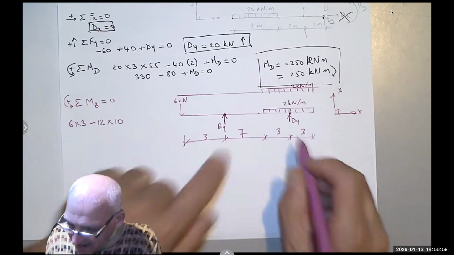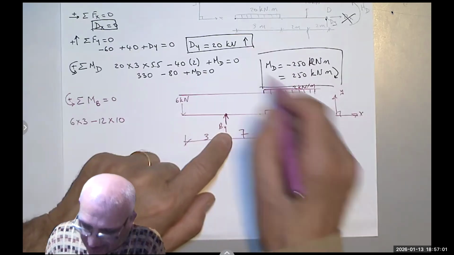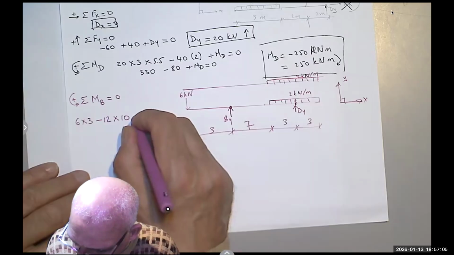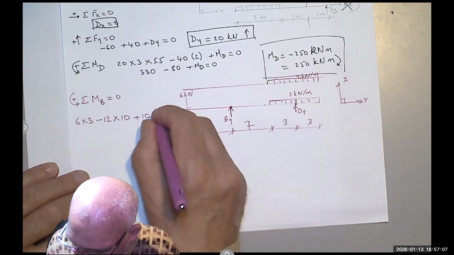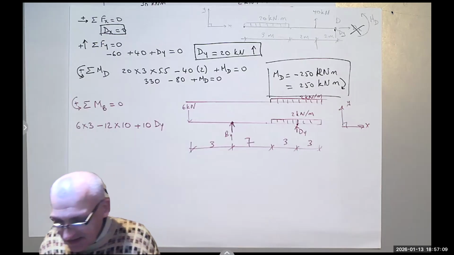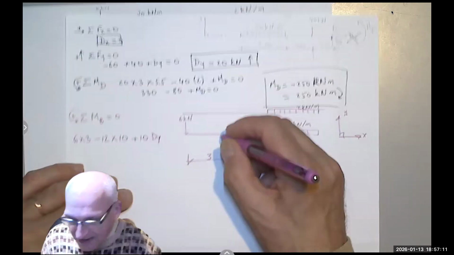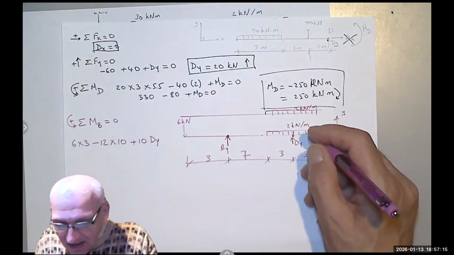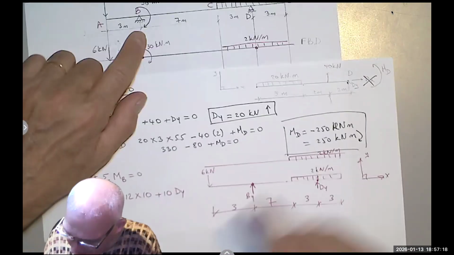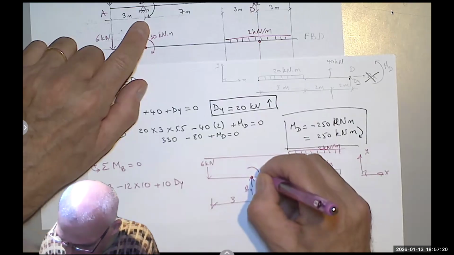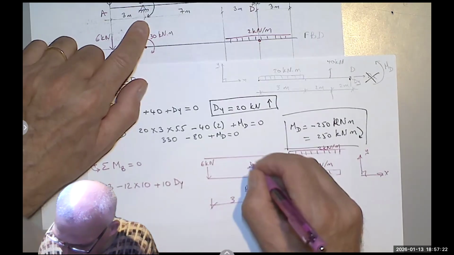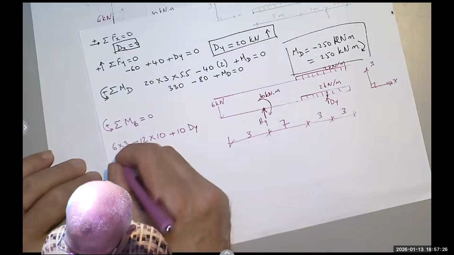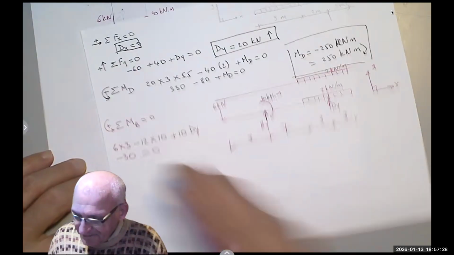And then the Dy is also 10 meters away, but it's rotating counterclockwise, so plus 10 Dy. Yes, there is another moment: there is a 30 kilonewton meter, rotating clockwise, so minus 30 equals 0.